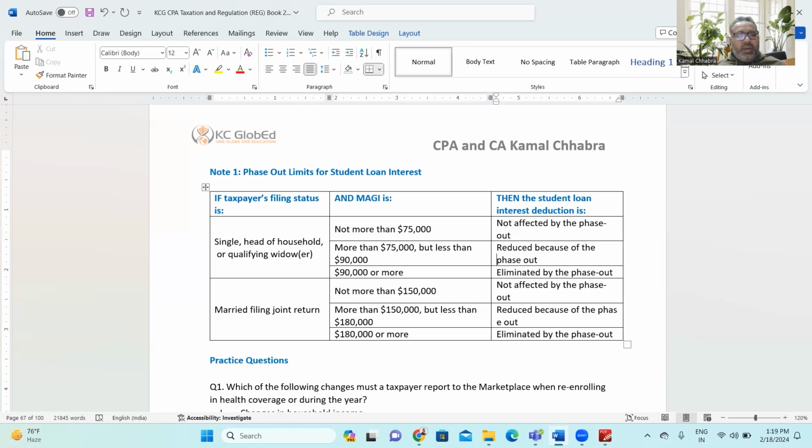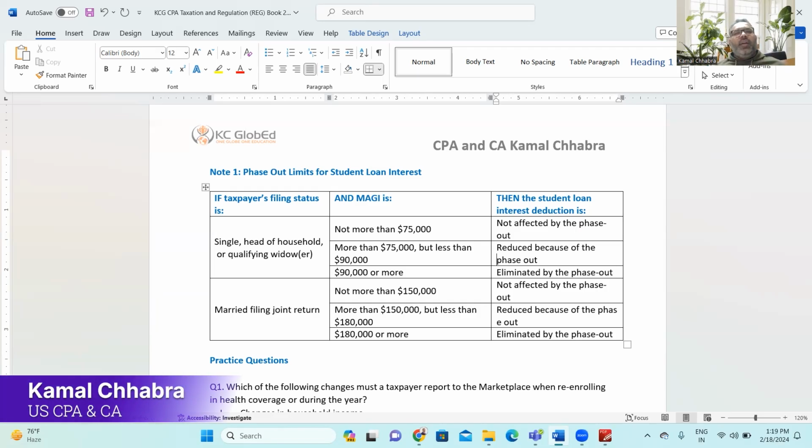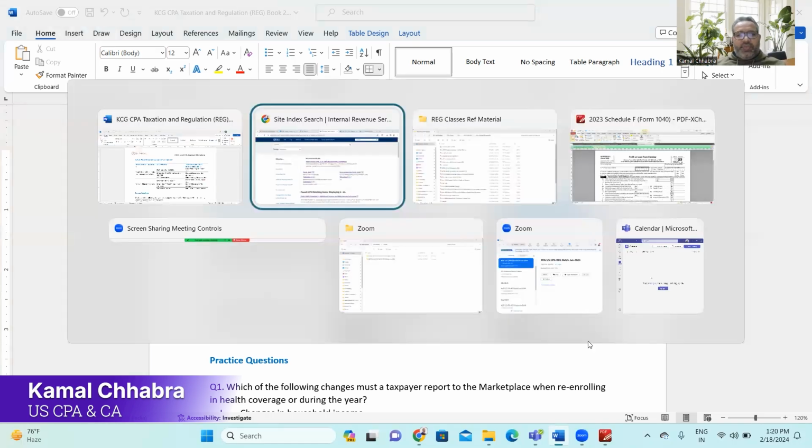When your joint income increases from $150,000 to $180,000, per dollar increase in income there is a reduction in the corresponding deduction. If your income is more than $180,000, you are not eligible for any deduction, so it will not be available to you. Maybe we can do a small illustration for this.